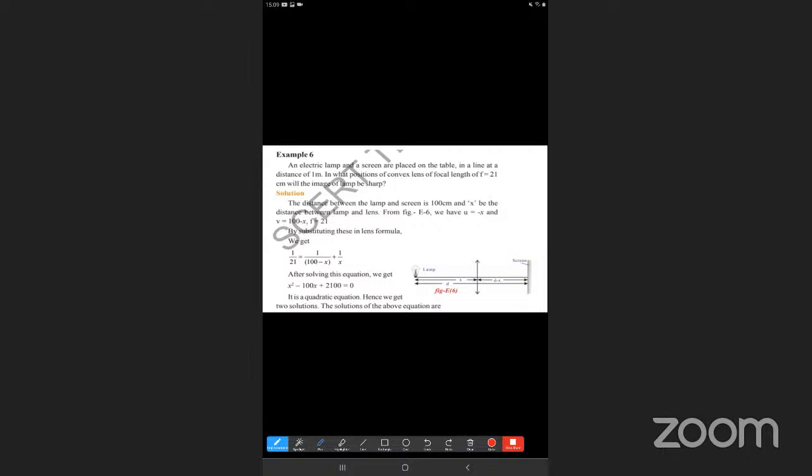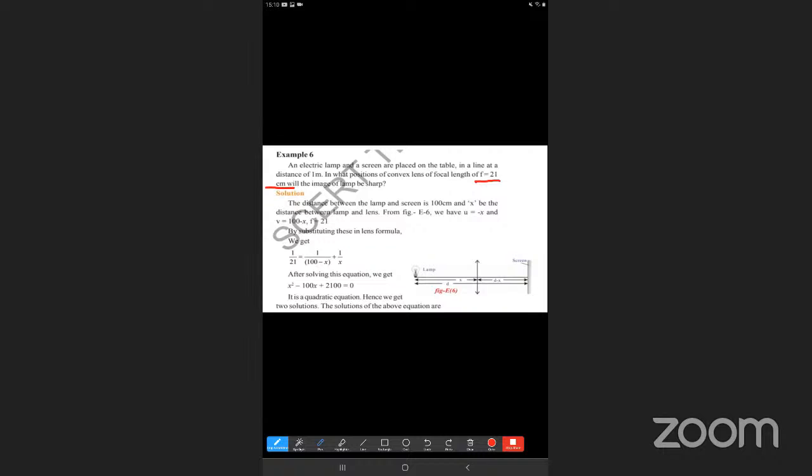In what positions of a convex lens of focal length f equals 21 centimeters will the image of the lamp be sharp? That is what they are asking.